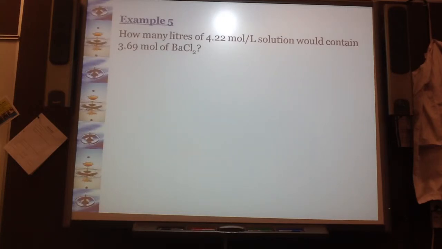Okay, so example 5. How many liters of 4.22 mole per liter solution would contain 3.69 moles of barium chloride? So you know your concentration, 4.22. You know your moles.